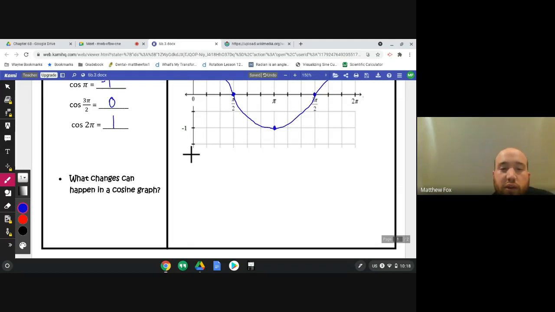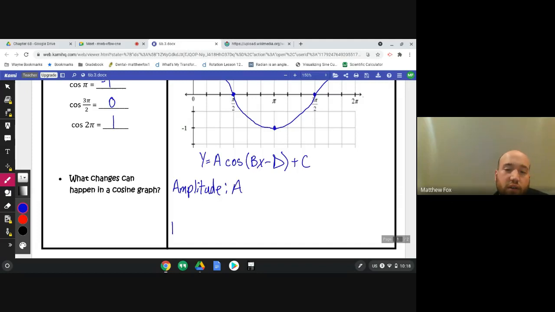So our formula, y equals a cosine bx minus d plus c, okay? Amplitude, the distance above and below the midline, that is your a.